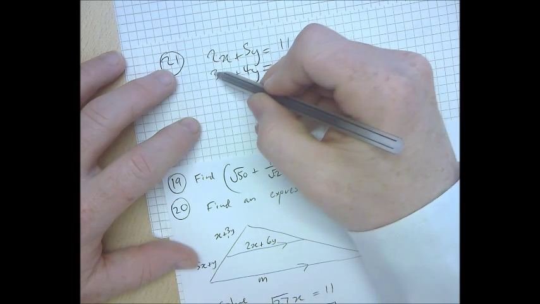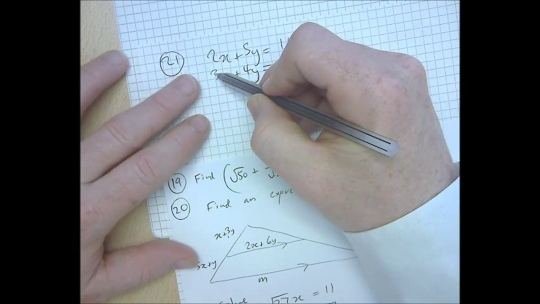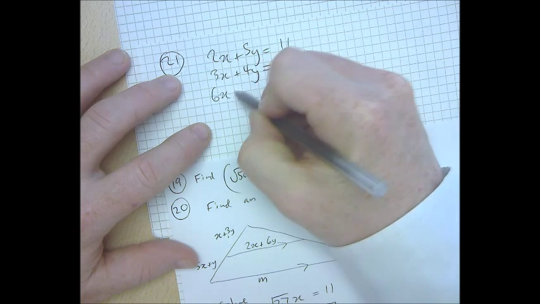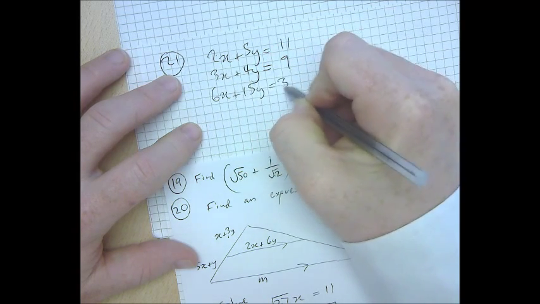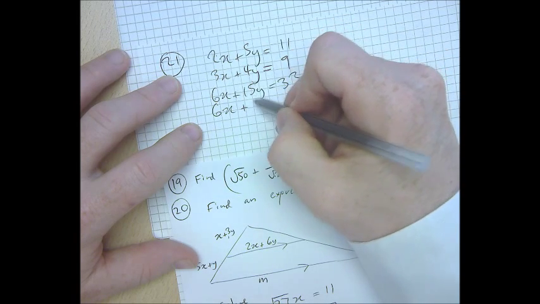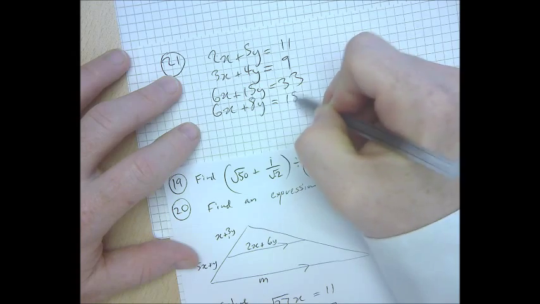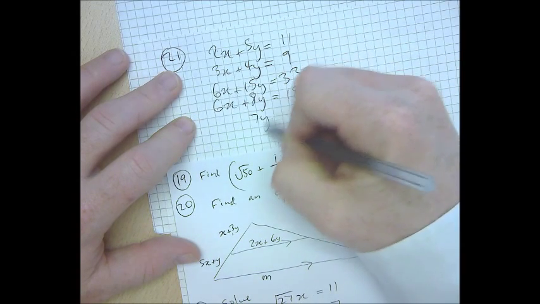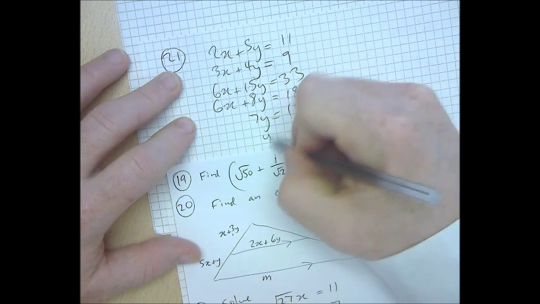So I think, what's easy to turn a 2 into that's also easy to turn a 3 into? 6. You achieve that by tripling the top and doubling the bottom. And then you do 3 subtractions. That take away that is blank. That take away that is 7y. That take away that is 15. So y equals 15 over 7.